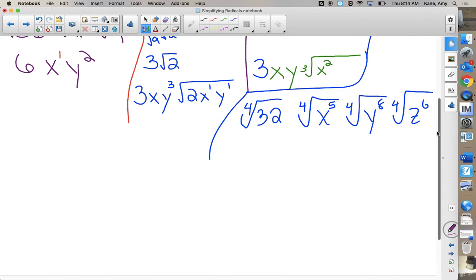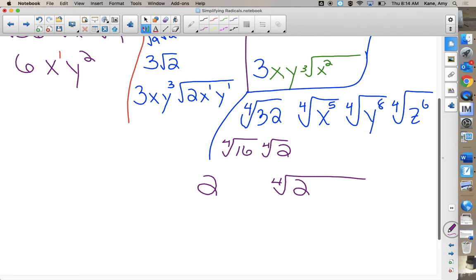So think about the 32 first. JT, how would we break down the fourth root of 32? Good. So the fourth root of 16 becomes 2. All right, so we got our 2. And then back here, I'm going to write the fourth root and put the 2 underneath it, because that's going to be my remainder part.